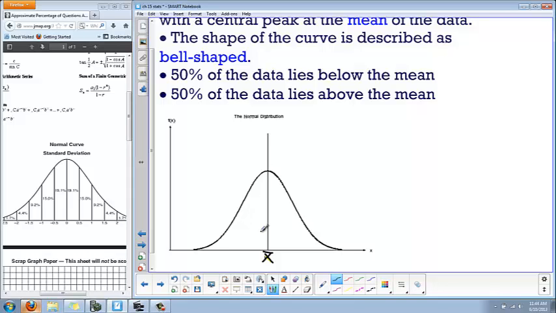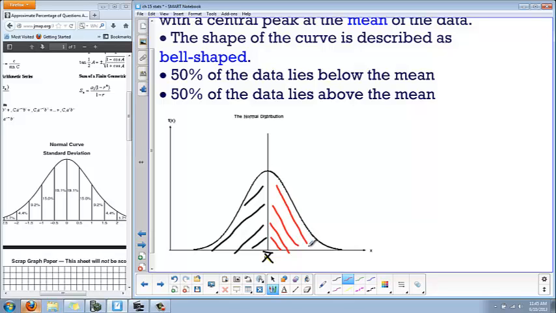The shape of the curve is described as bell-shaped. That's why sometimes you hear it described as a bell curve or normal curve. It apparently is shaped like a bell. 50% of the data lies below the mean, so all of this down here, that's 50% of all of your information below the mean. And on the other hand, 50% of the information lies above the mean.